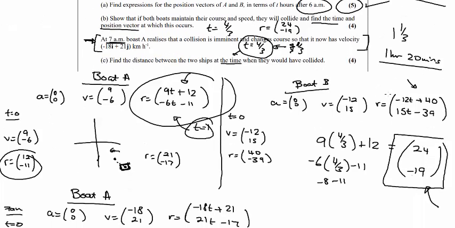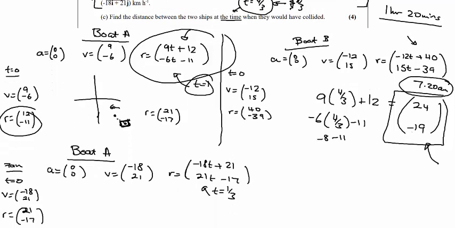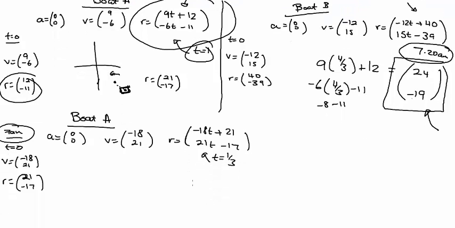So this one never bothered to change, so this is where it's at 7:20 a.m. But for this one, bear with me, because this one sets off at 7 a.m., you just need to put in 1/3 so you get those extra 20 minutes. Hopefully that makes sense.